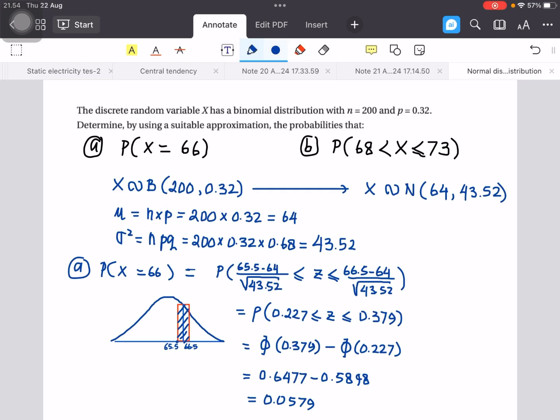So first, the random variable follows the binomial distribution with n equals 200 and probability of success is 0.32.